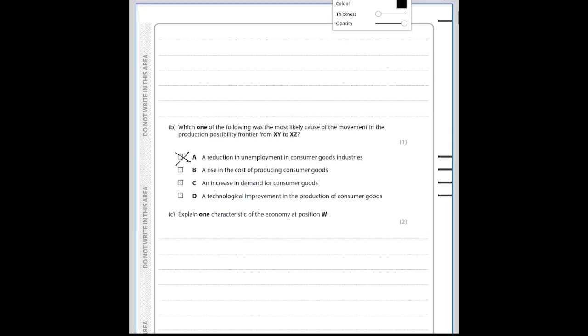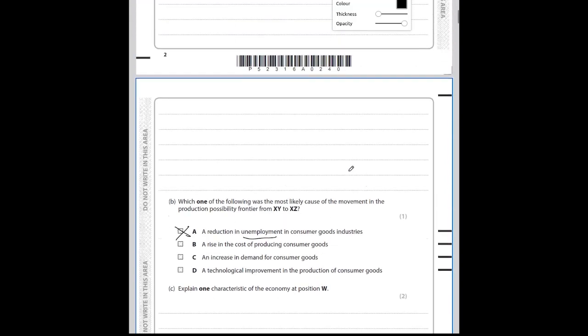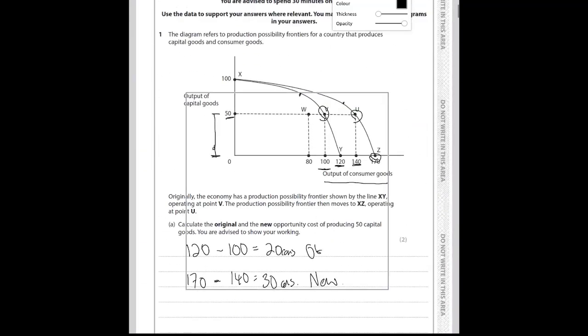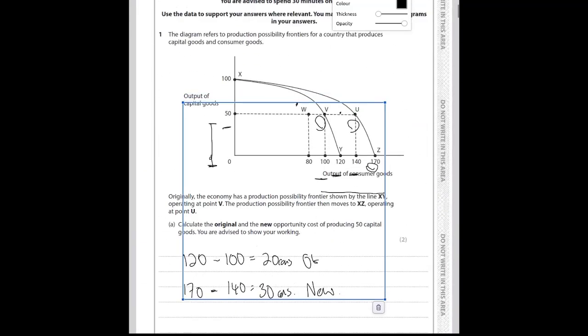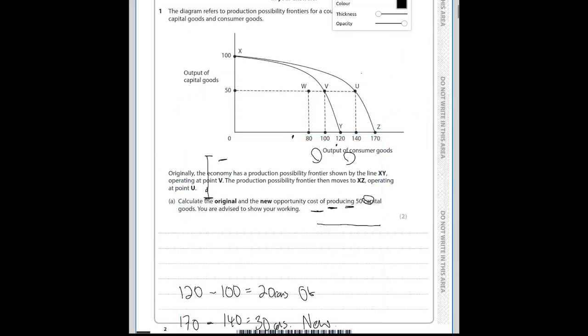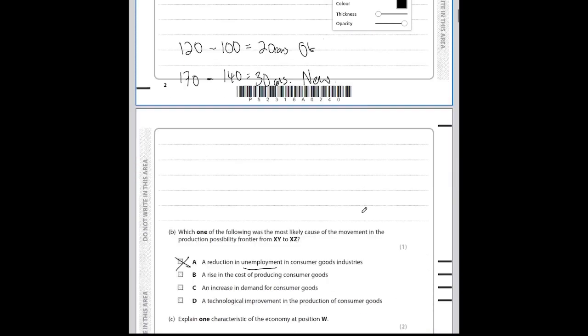The reason this is not our answer is unemployment doesn't change the position of the production possibility frontier. What unemployment would look like maybe is if we were producing below the line. So I'm just going to move this a bit so I can draw. If we were producing, say, here, that would indicate unemployment because there's a gap between what we can produce and what we are actually producing. So unemployment is not going to cause the answer to this question.